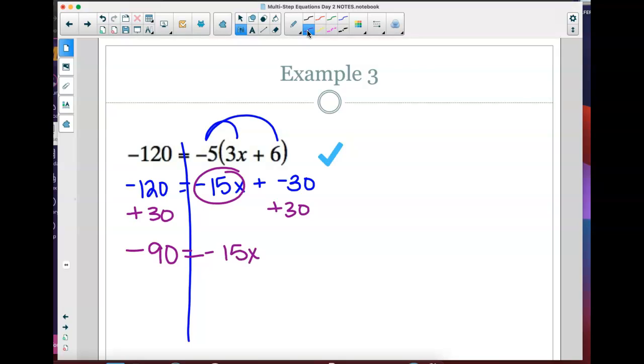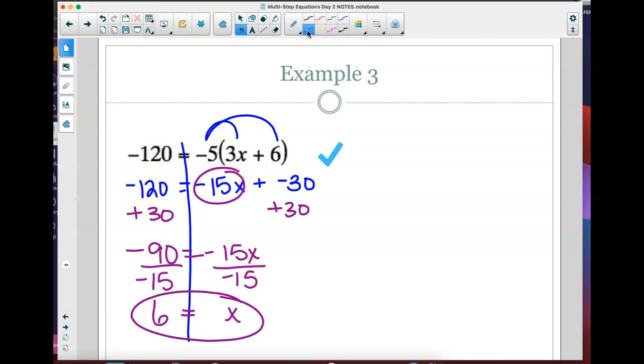I think the biggest mistake sometimes is forgetting the negative signs. And then we divide by negative 15. So x equals 6. Okay, questions there?